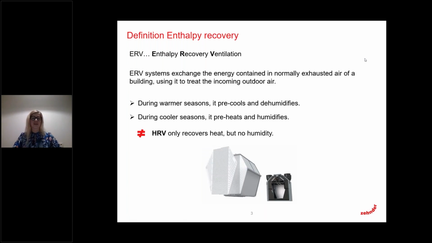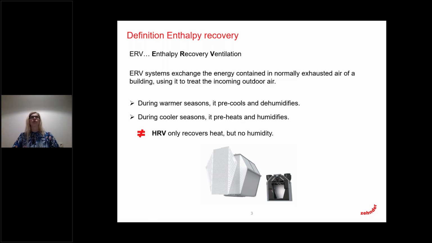So the definition of enthalpy recovery is that, and also one point that I want to bring out in the beginning of this webinar is that today we are focusing on counterplate heat exchangers only. And in this way, for Zehnder and PAL ventilation units, we are defining the enthalpy recovery solution as ERV, enthalpy recovery ventilation.